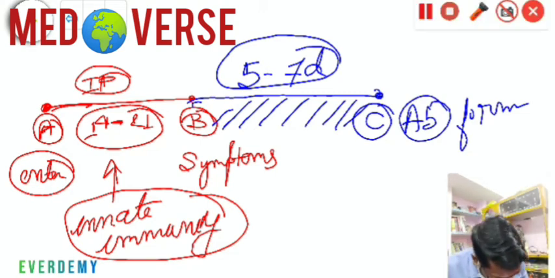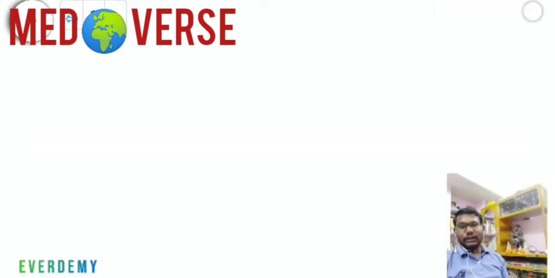Now, what is the natural history of typhoid fever? We all know in our basic concept that typhoid fever is caused by Salmonella typhi, Salmonella paratyphi A and paratyphi B. Nowadays typhoid is a mixed infection.